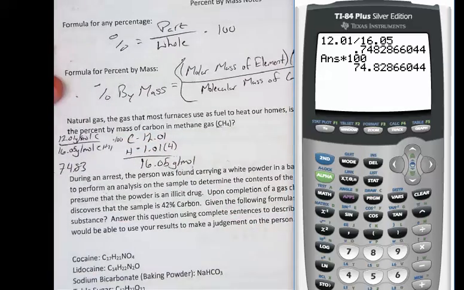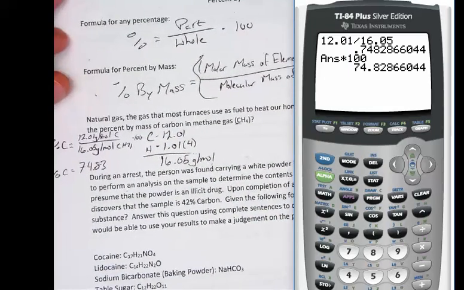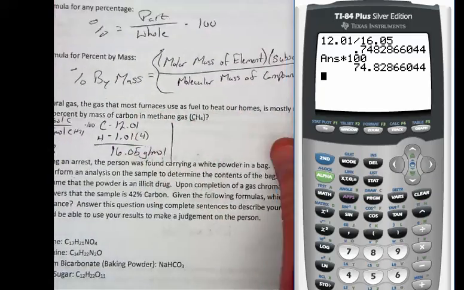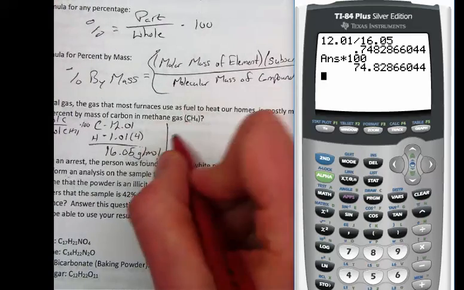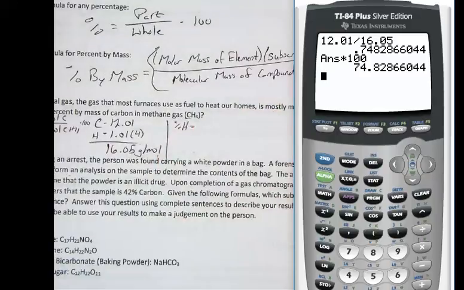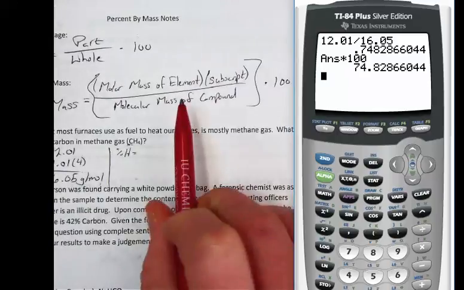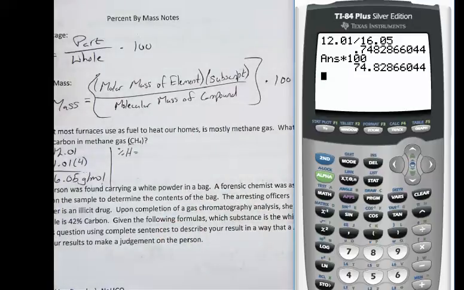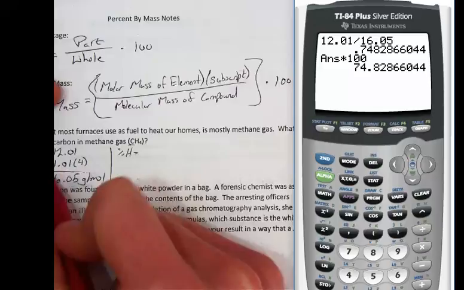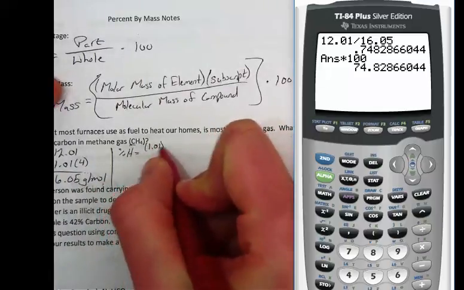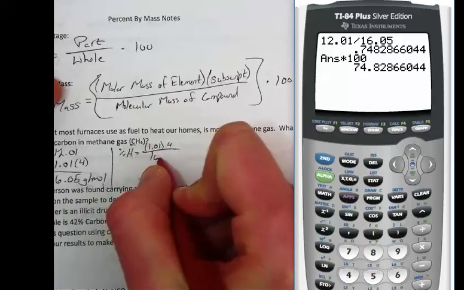Perfect. Not too bad, is it? Now, just to practice it even further, we're going to continue and calculate the percent by mass of hydrogen in CH4 just for fun. So we're going to say percentage of hydrogen. Now again, our part is now hydrogen. Recall, this is why we added the subscript to the top, to make sure that we include all of the hydrogen atoms. So 4.04, which is 1.01 times 4, over 16.05.